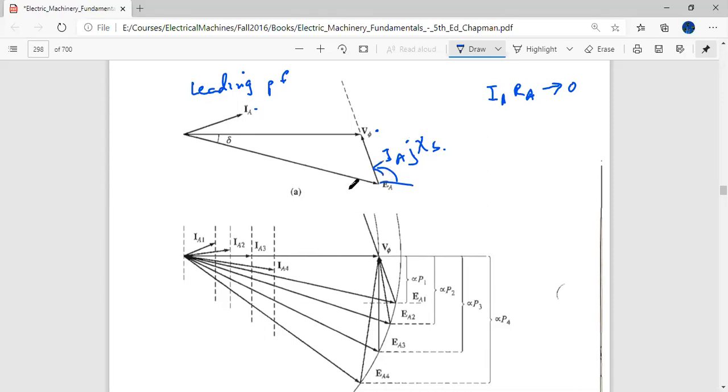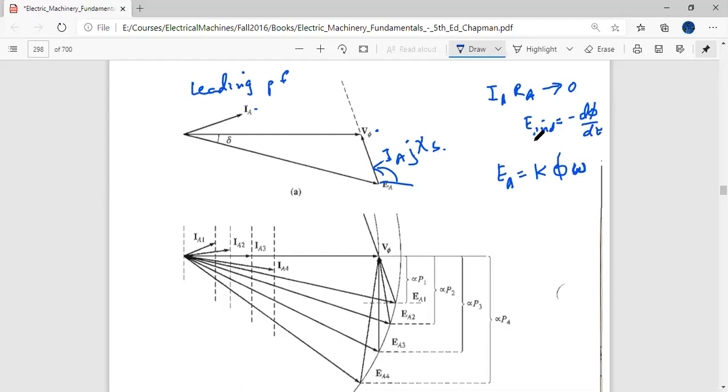So this is for a particular load. Now what happens as I increase the load? EA, which is the armature induced EMF in the synchronous motor, is a secondary effect. It is dependent on some proportionality factor multiplied by the field of the rotor multiplied by the rotating speed, because you know that induced EMF is equal to minus the rate of change of flux.